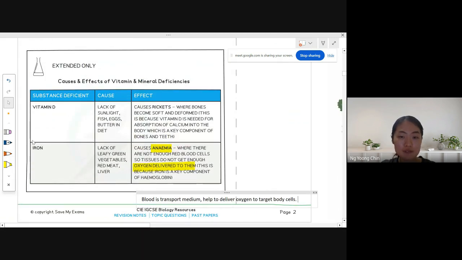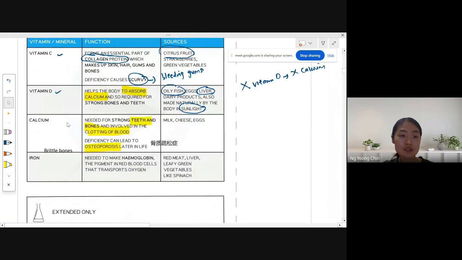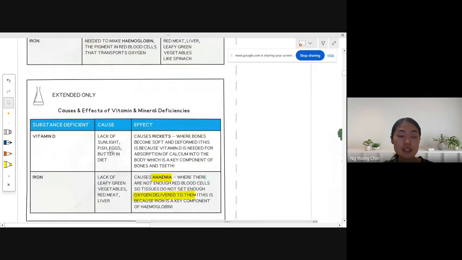So if you don't have vitamin D, different from just now, where if you don't have calcium you get osteoporosis, what happens if you don't have enough vitamin D? Maybe due to a lack of sunlight, or you didn't eat fish organs.